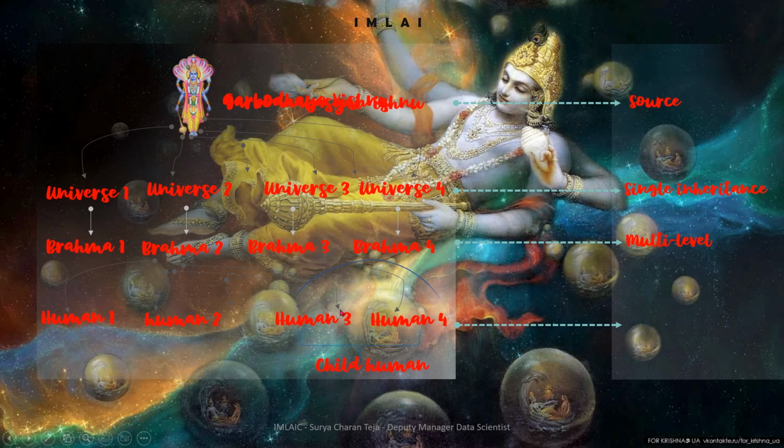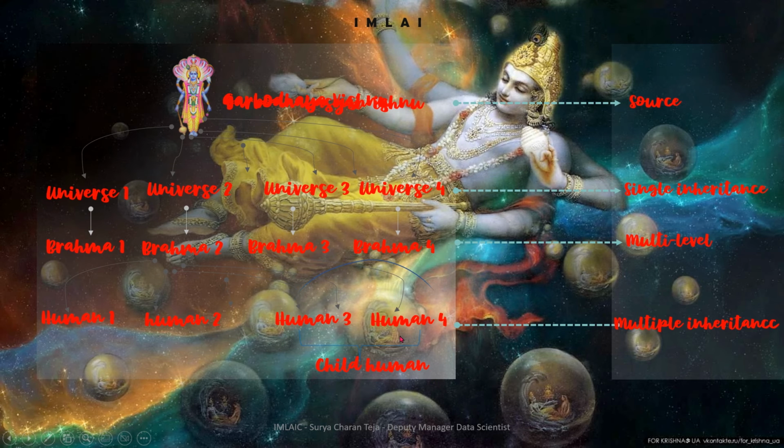Now from that, let's consider human 3 and human 4. If human 3 is a male and human 4 is a female, and they have created a new person, a child human, then this child human will have multiple inheritance, because he will inherit attributes and methods from human 3, that's the man, the father, as well as human 4, that is the woman, the mother.